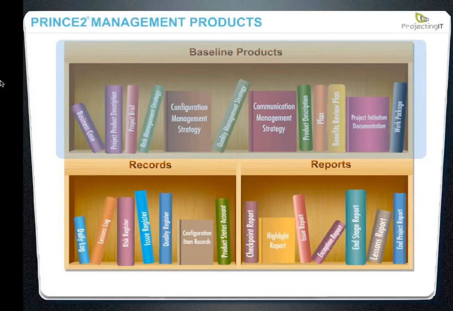So first, let's see the baseline products. Let me recall. Baseline products are the planning information which is used to monitor how the project is progressing. It is used like a benchmark to compare performance of the project. These help us understand the targets to be achieved by the project.